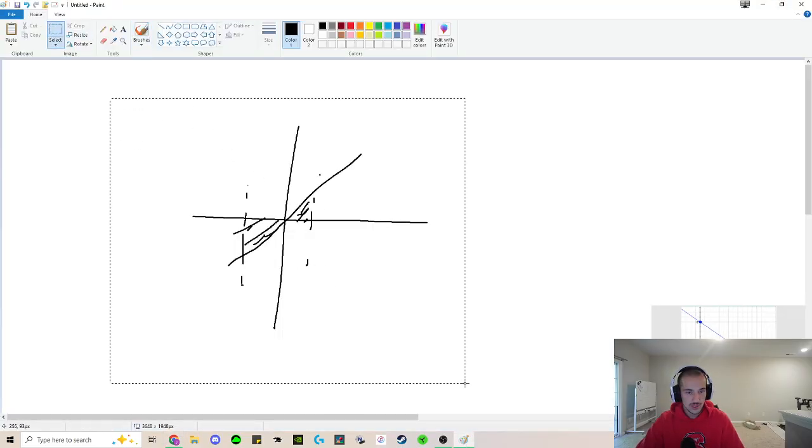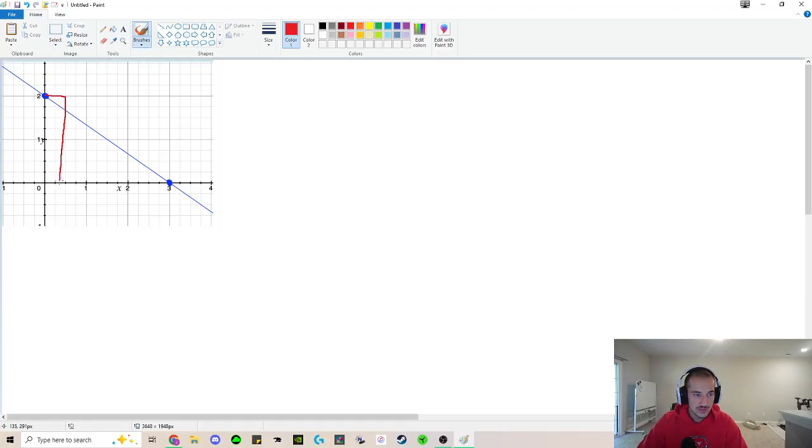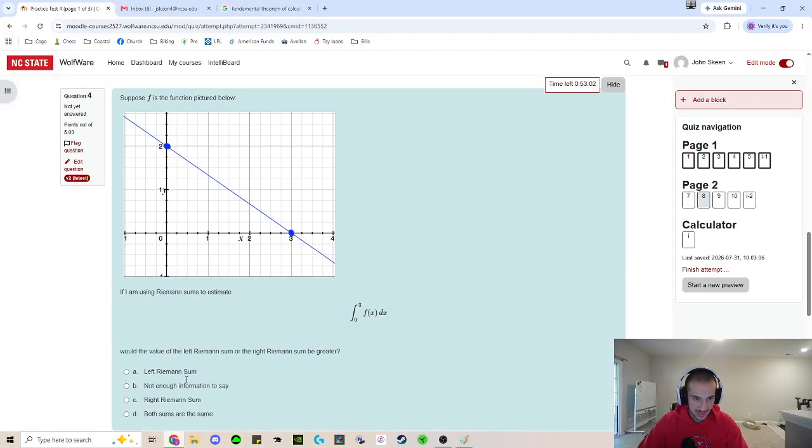And so if we started drawing our rectangles like this, using the left endpoints, well, you see how all of our error is above the curve, right? Now, alternatively, if we did our right endpoints, you'd notice that all of our error is below the curve, right? So we're missing this area instead of gaining more area. So here we would notice that the left Riemann sum would give us a greater value.